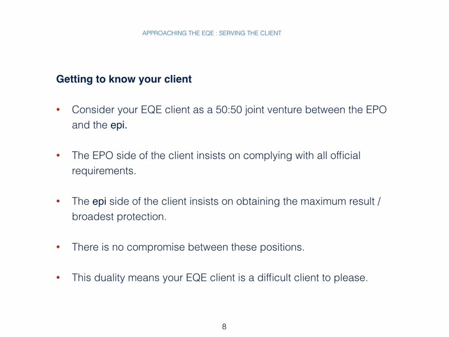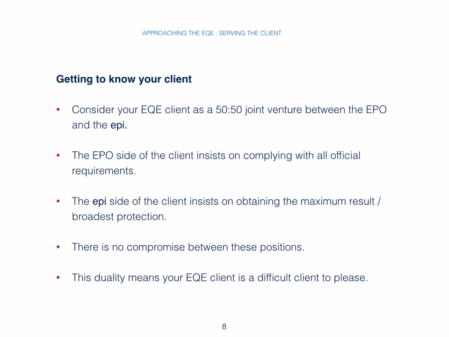The EPI side of the client, on the other hand, is concerned with obtaining the maximum result or the broadest protection possible, which is not a matter of concern for the EPO.